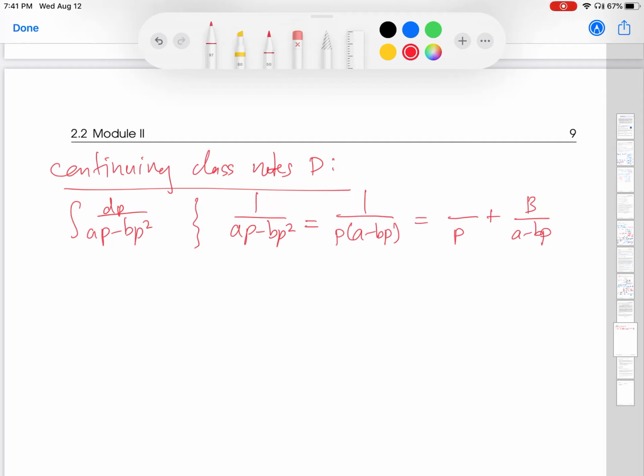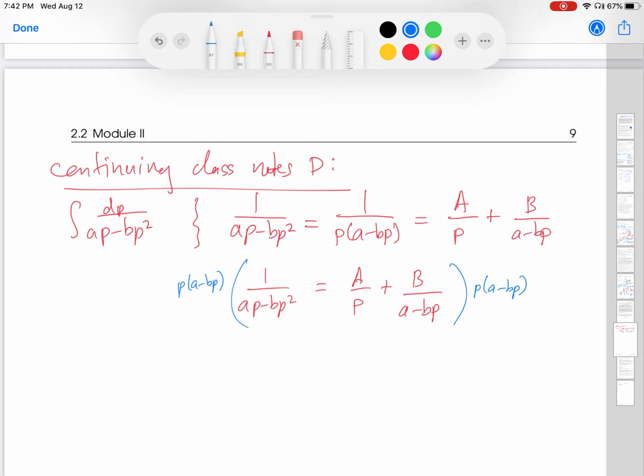And I'm going to put a numerator of capital A and capital B. So now I'm left trying to figure out what the unknowns capital A and capital B are in this equation. And as I did before, I'm going to multiply both sides by the denominator. And I'll just factor it here to make it easier.